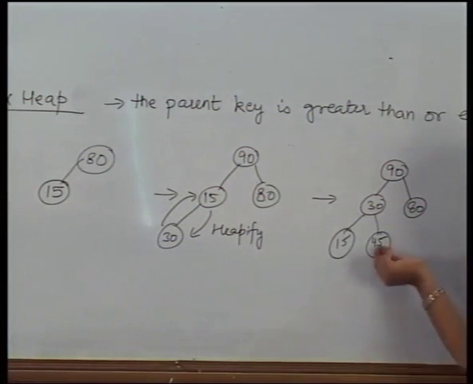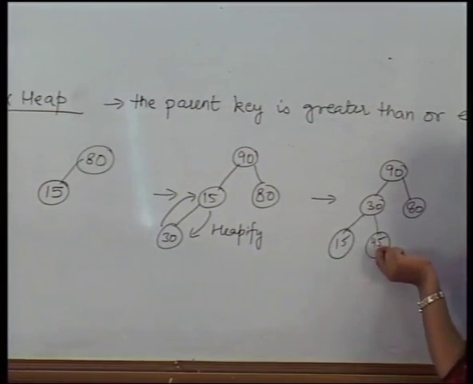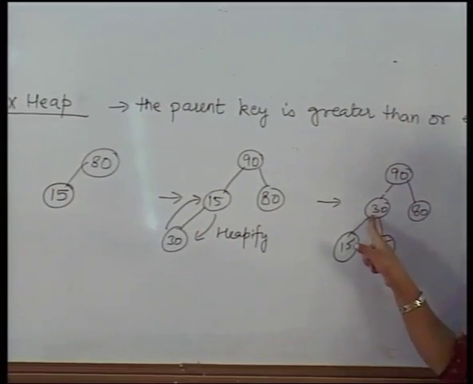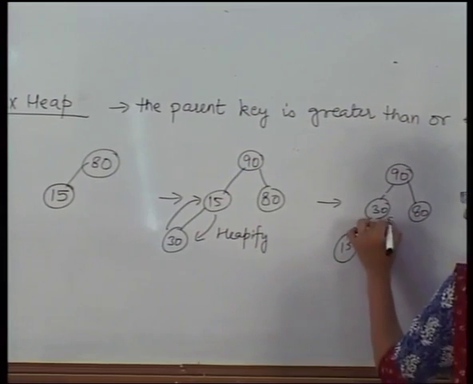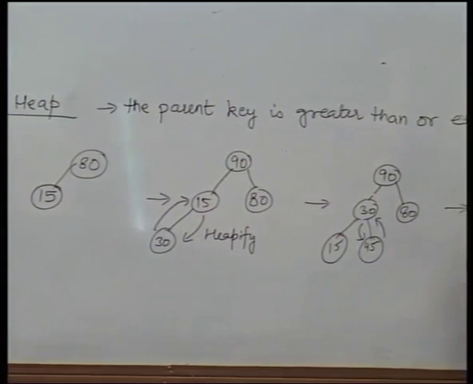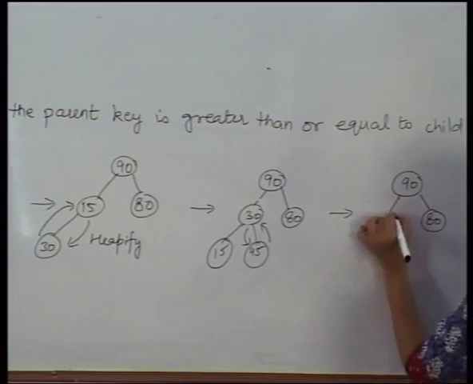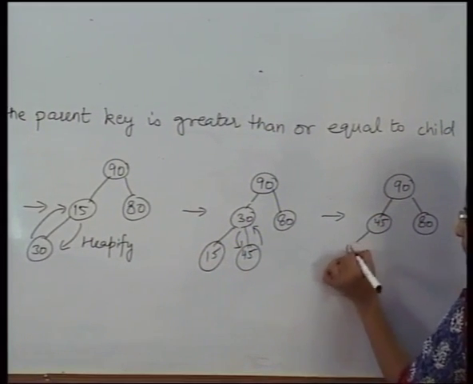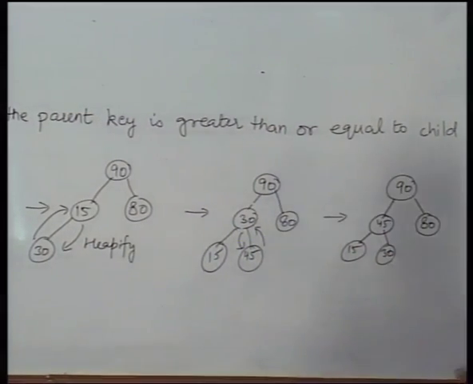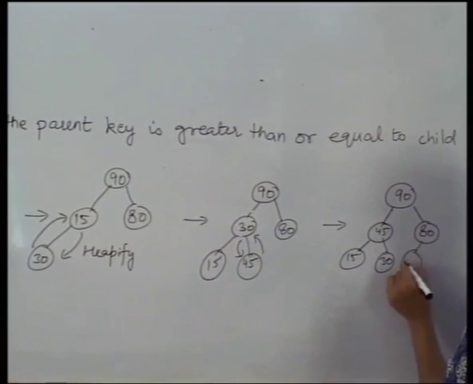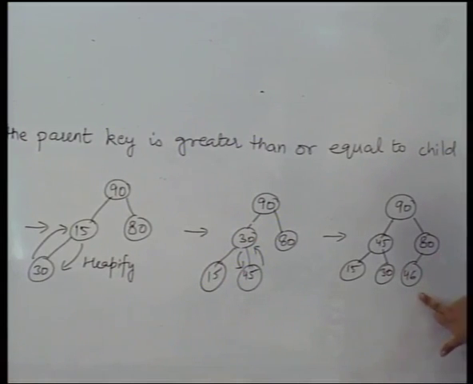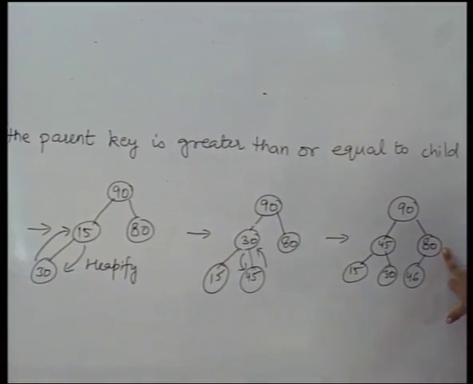After insertion of 45, when I check the heap, again heapify will be called, since 45 is greater than its parent key 30. Next 46. It is satisfying the property of max heap, the child key is less than the parent key.